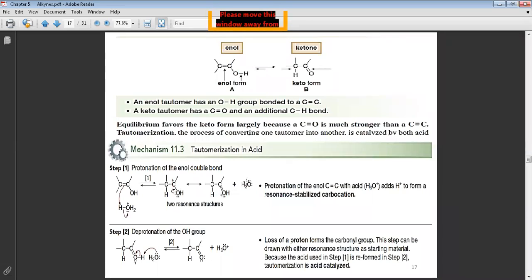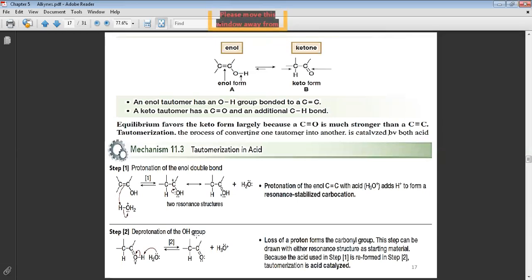Now, the H2O will remove the proton from the oxygen to remove the positive charge. Okay, this is the step. The H2O acts as a nucleophile, as a base, attacking the proton, and the bonding electrons between the oxygen and the hydrogen atom will stay on the oxygen to cancel the positive charge and give you the final one, the keto form. This is the keto form, the ketone.